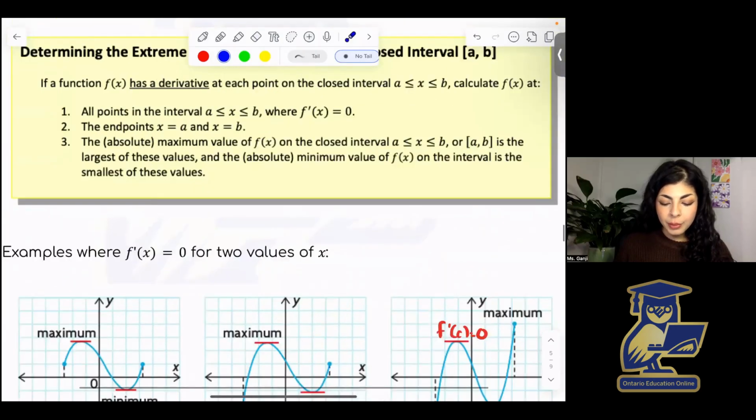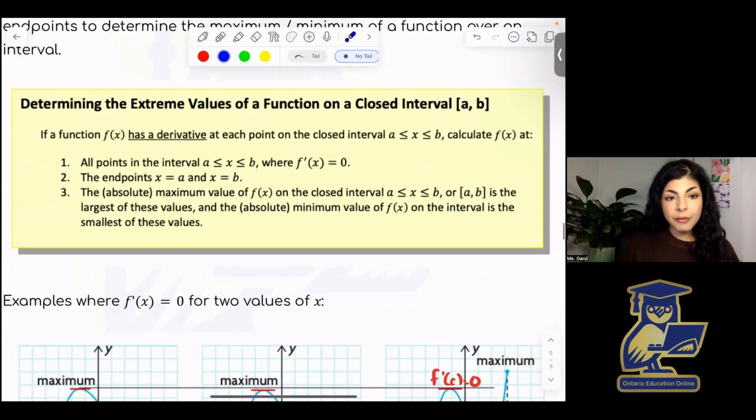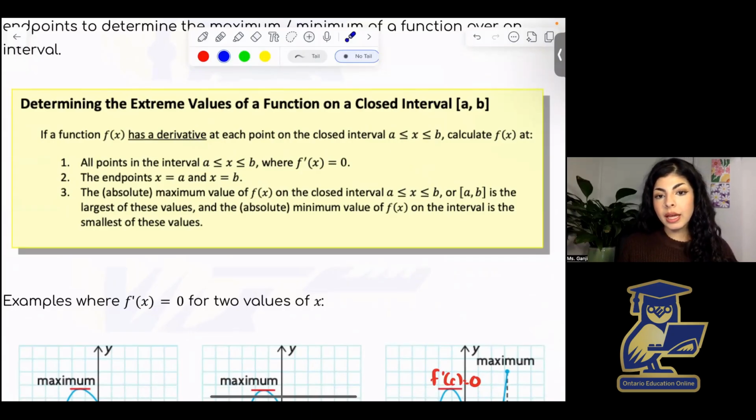So, putting that together now, if a function has a derivative at each point on the closed interval x between a and b inclusive, then first, we calculate all the points where f prime of x is equal to 0, and those again are our turning points. Then we find the output value for those points, as well as the endpoints x equals a and x equals b.